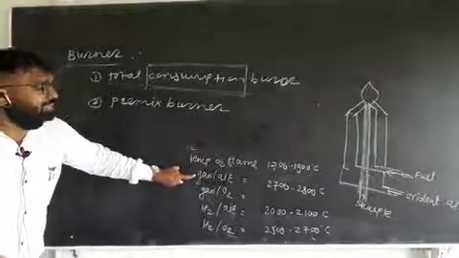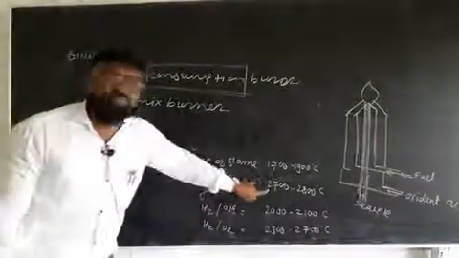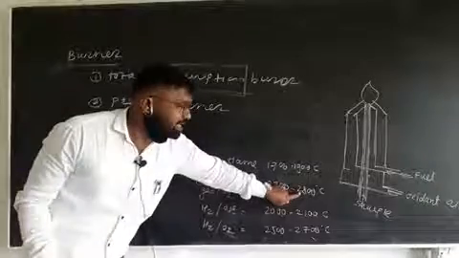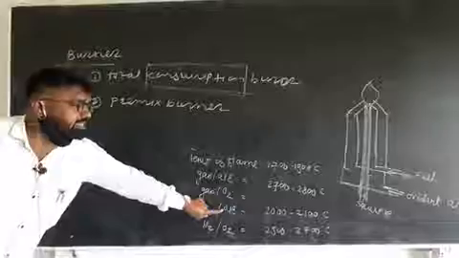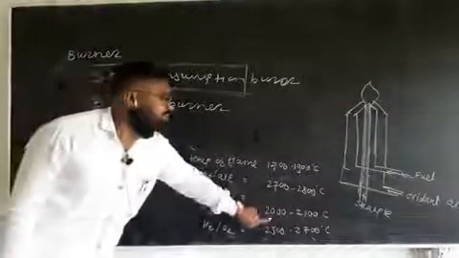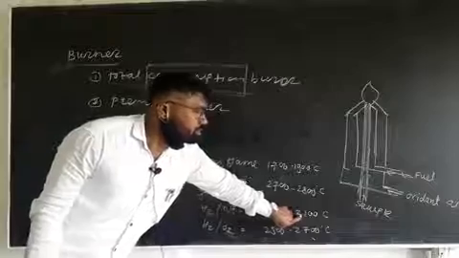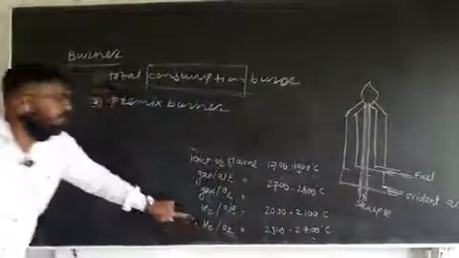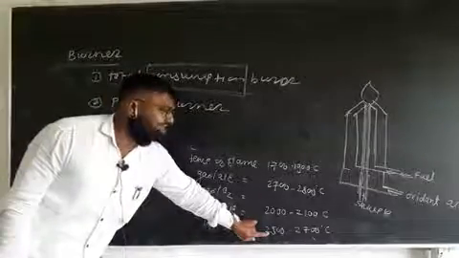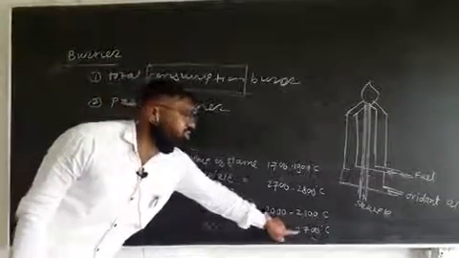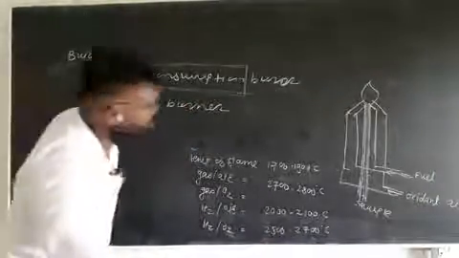If gas and oxygen are used, 2700 to 2800 degrees Celsius. If hydrogen is used as a fuel and air as oxidant, the temperature range will be 2000 to 2100 degrees Celsius. And if hydrogen and oxygen are used, then the highest temperature, 2500 to 2700 degrees Celsius, can be achieved for the atomization purpose.